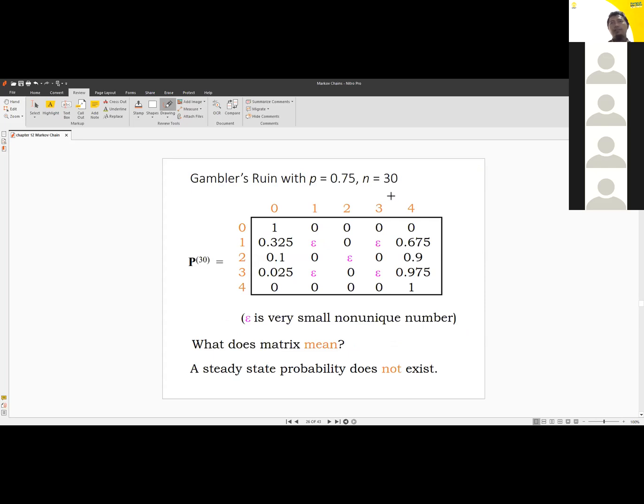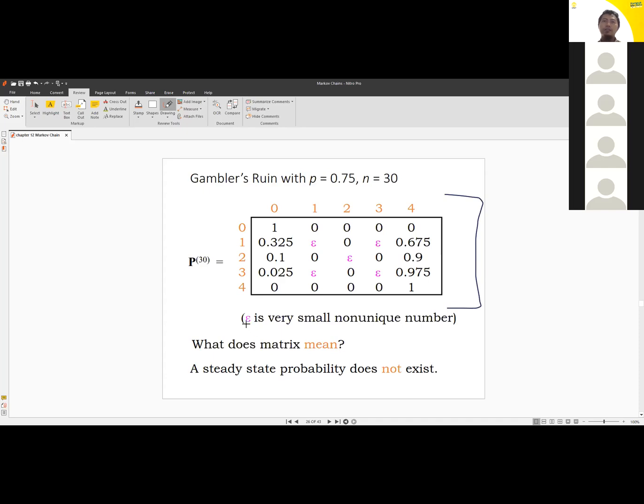This is a very special case where there exists a very small non-unique number, so the probability is not really exact. There is some error. For any possible condition, any possible state, the next state exists.